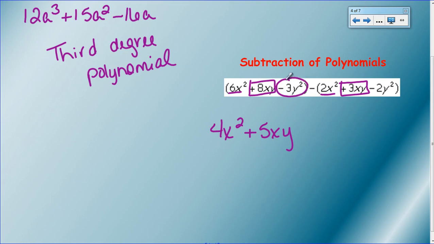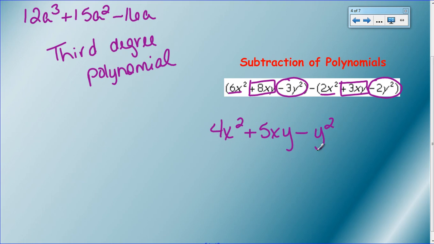And here's where you have to be careful. Now I have negative 3y squared minus negative 2y squared. So what I have is negative 3 minus negative 2. And remember that minus a negative really makes that plus. So you have negative 3 plus 2, which becomes negative 1y squared. And you don't have to put the 1 unless you absolutely want to.